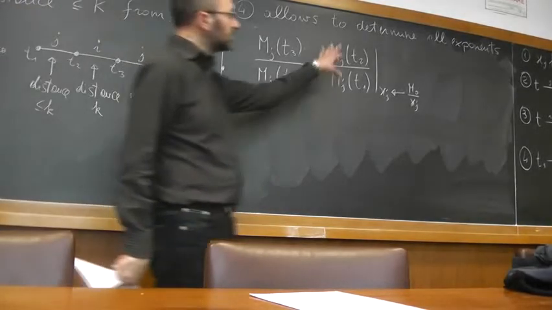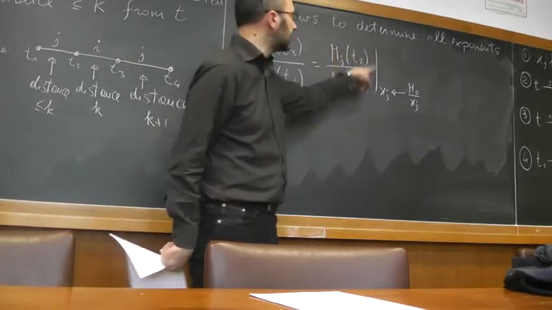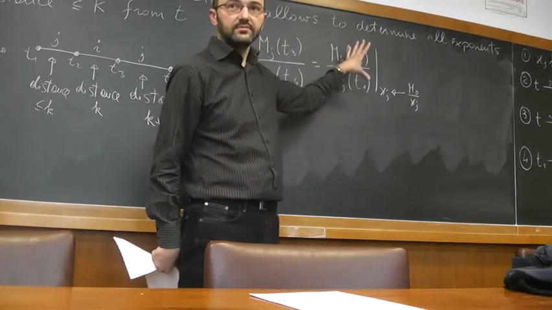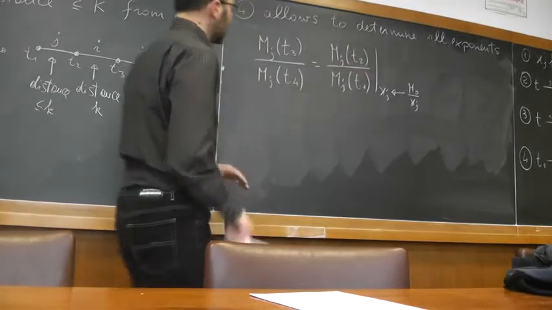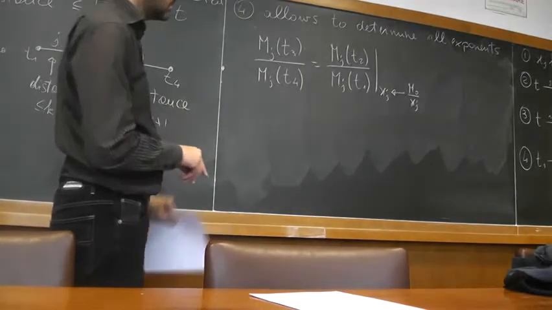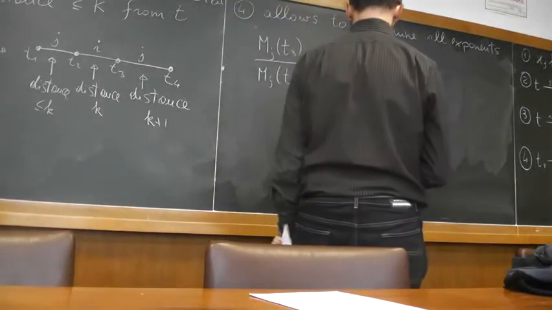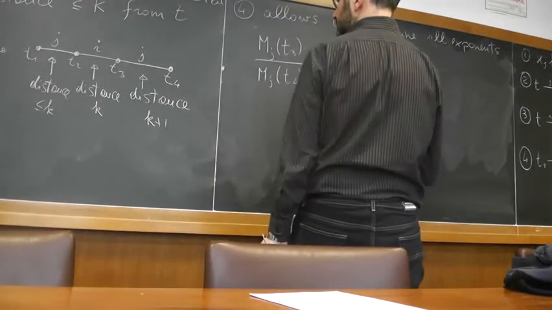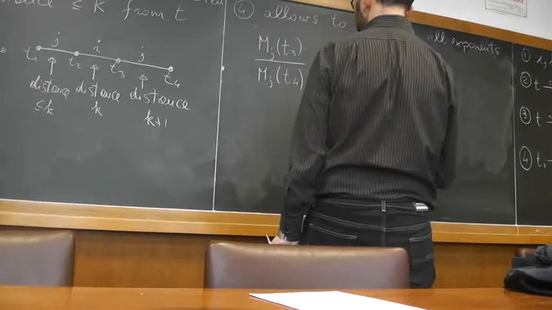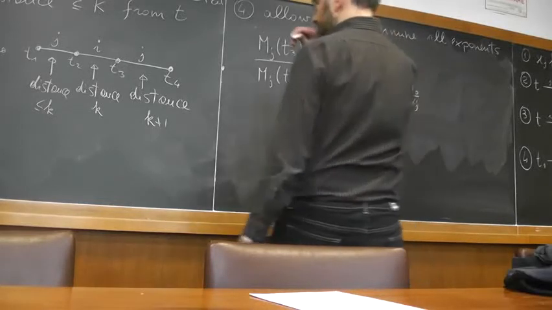So actually we know all the exponents that appear in this expression. Shouldn't it be xi there? This is Mj.